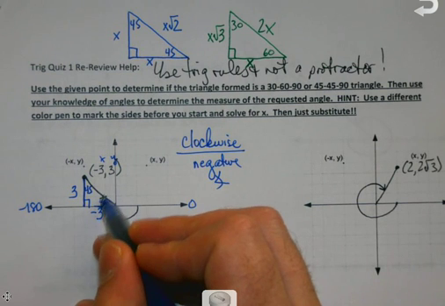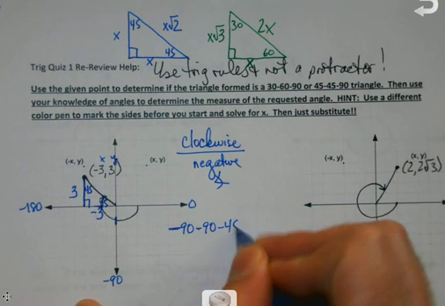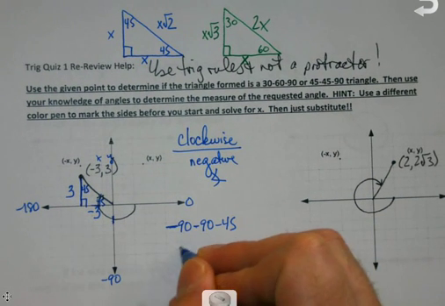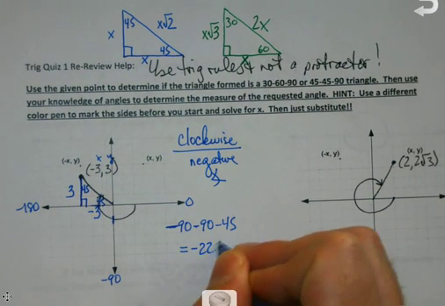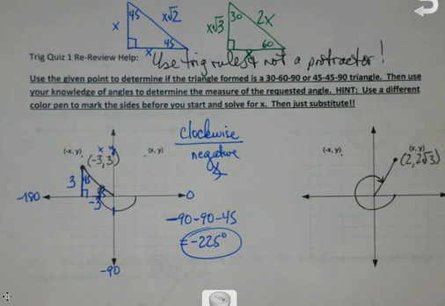And then here, if I'm trying to get to this line, it looks like I've got another 45. So I just add those three up, and I get my angle measure. But again, you've got to take it in pieces, and we also got to keep in mind when we're going the different directions that changes the value of what I have on the axes, but it's nothing different from what we've done before.